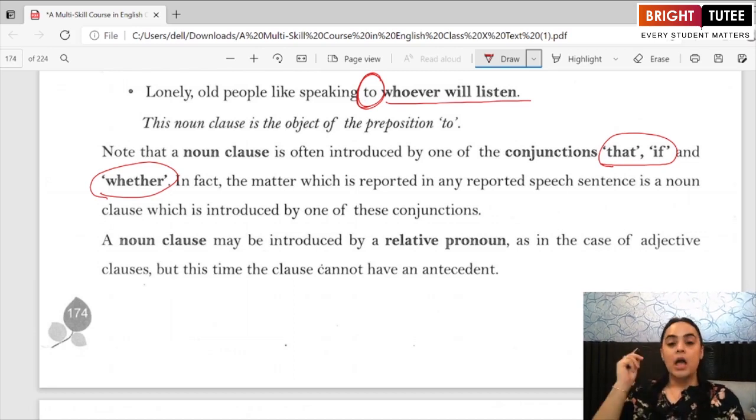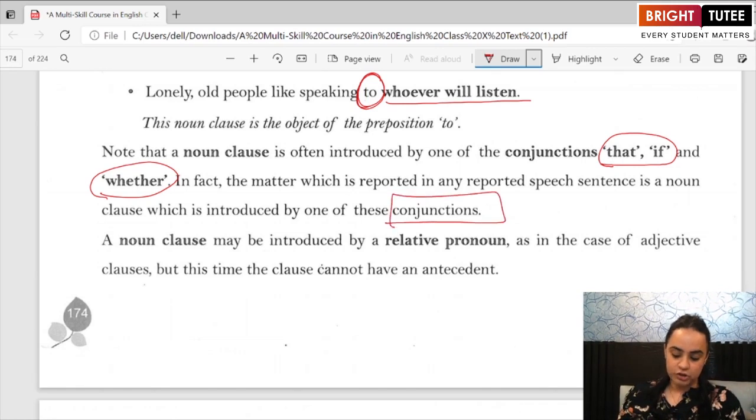A noun clause will always begin with either that, if, or whether. This is very much so in the case of reported speech sentences, wherein a noun clause is introduced with the help of a conjunction.